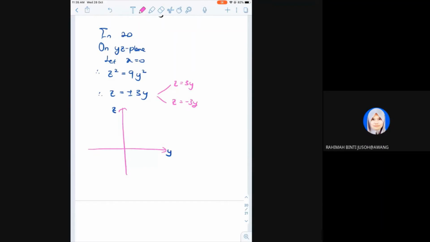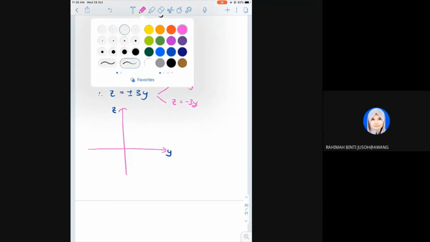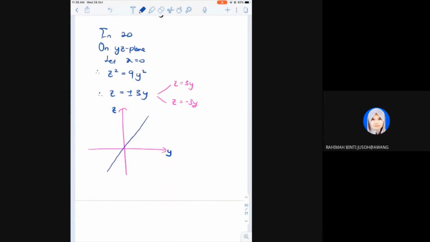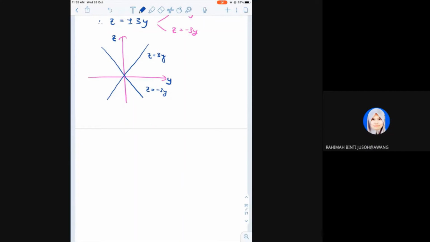So now for Z equals to positive 3Y, graph kita akan jadi positive gradient, kecerunan positif ke sini lah kan? Okay. So this is Z equals to positive 3Y. And then kalau Z negative 3Y dia jadi macam ni. Kat bawah. Yes, Z equals to negative 3Y. Like that. So, dah nampak dah bentuk dia.